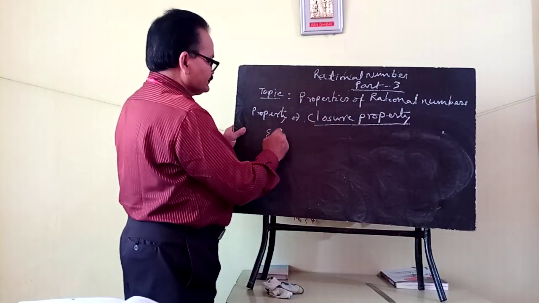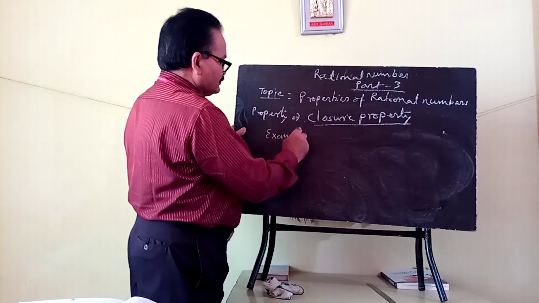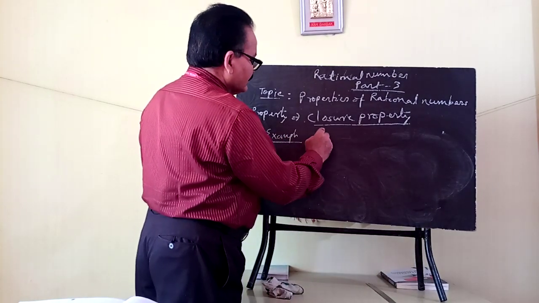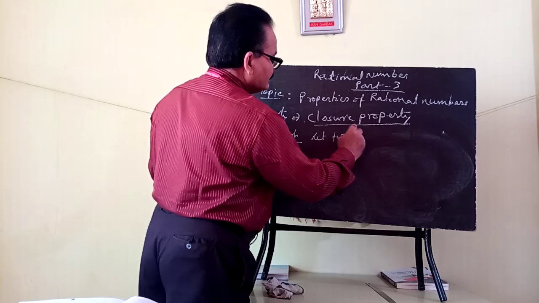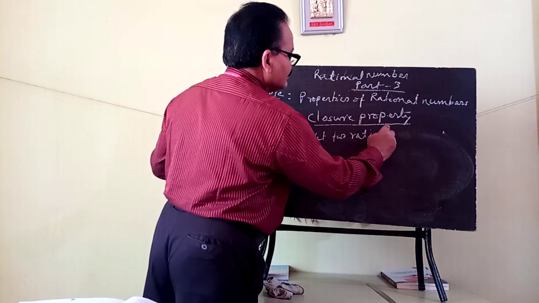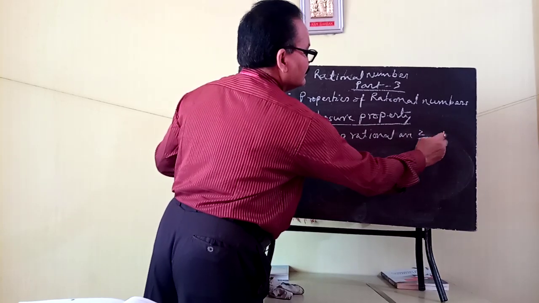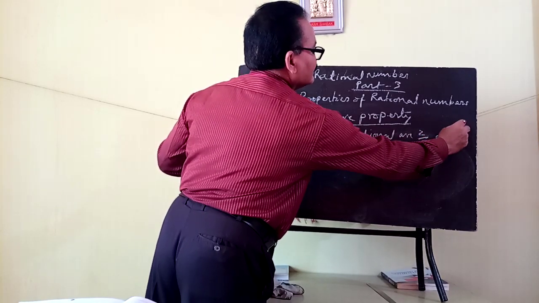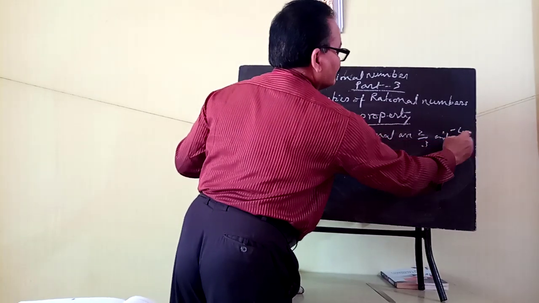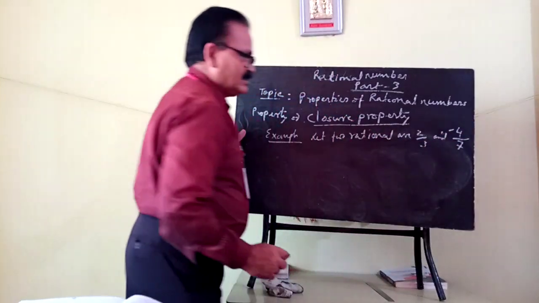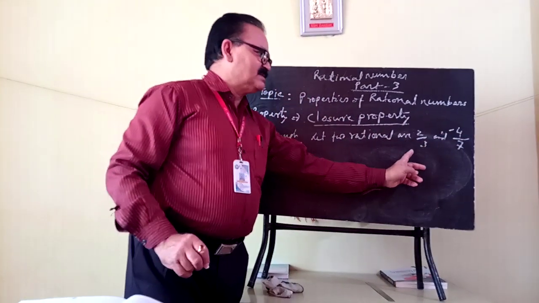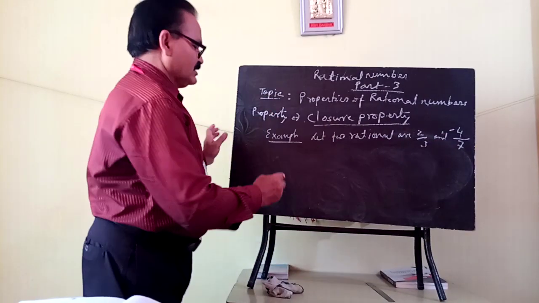Let two rationals be 2 by 3 and minus 4 by 7. So these are the two rationals, 2 by 3 and minus 4 by 7.